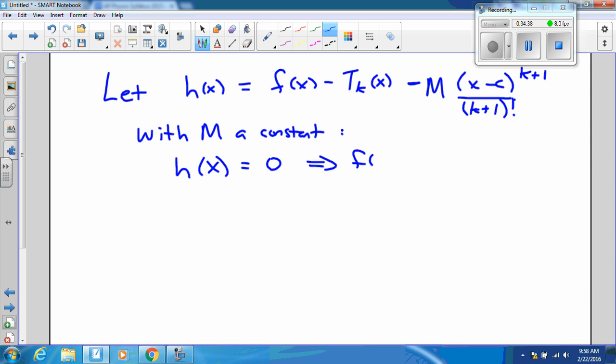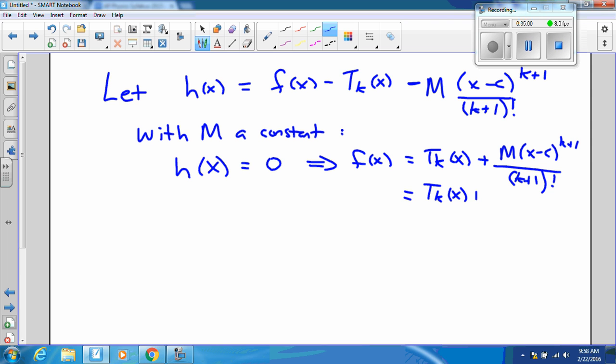And since h of x is exactly equal to 0, that means that f of x is exactly equal to T_k of x plus our fudge factor. And because of that, our fudge factor has to exactly equal the remainder right at x.